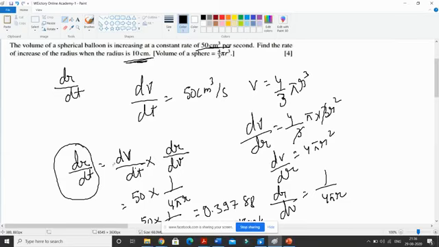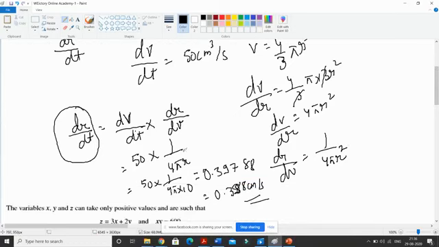So you will get dr over dt, because dv gets cancelled. v is given to you. From there we got dv over dr, and we got the reciprocal dr over dv as 1 over 4 pi r square. This is square. Okay, 4 pi r square. So it has to be 10 square.